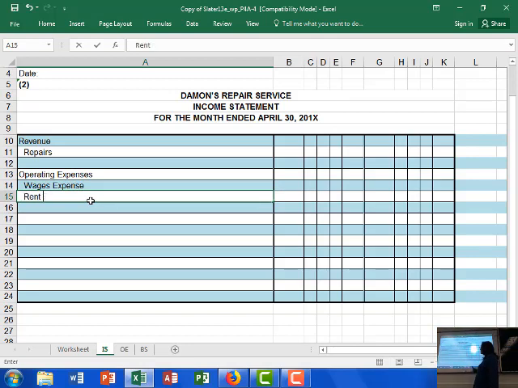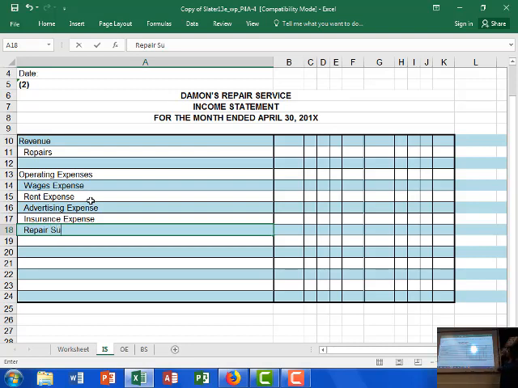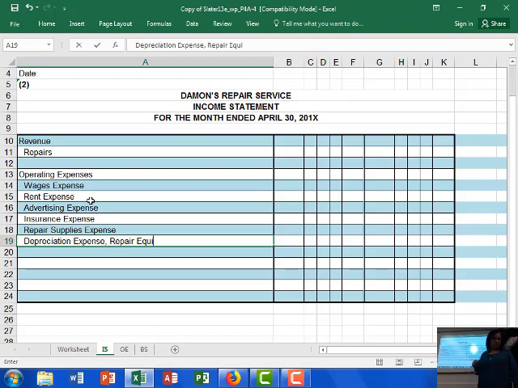So let's put it in. And then you're going to have your total operating expenses.